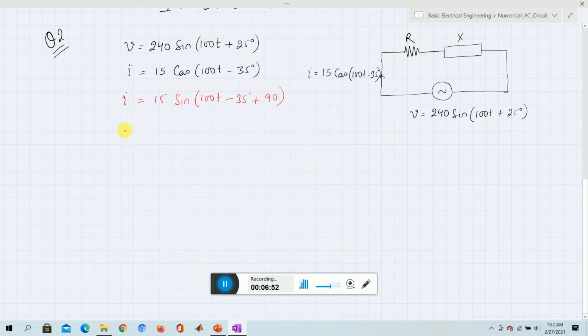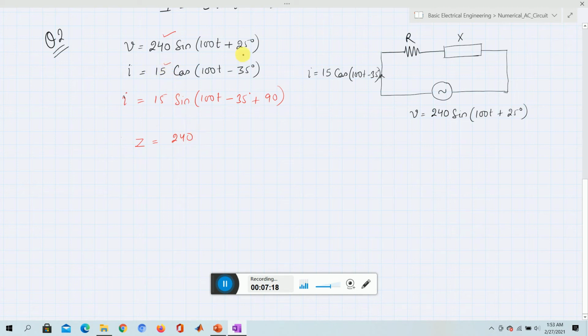So now the value of Z we can evaluate. Let us write that Z as 240. We will take the peak value, in terms of 240 value here, so this is not a problem, but for the current also I will take the peak value.